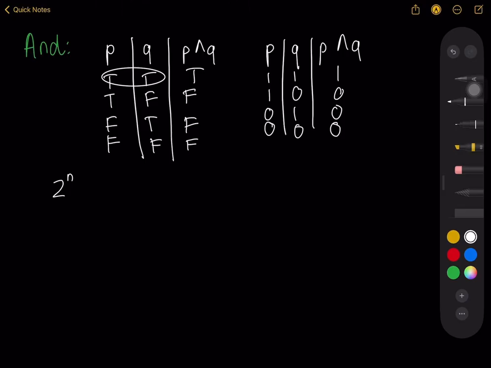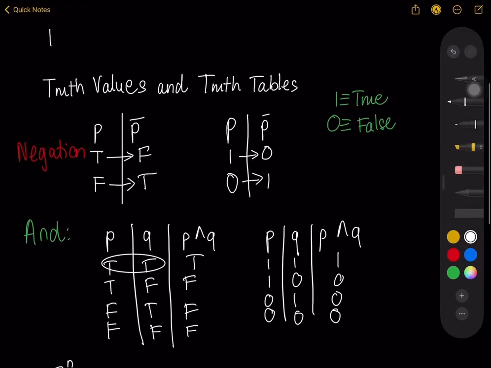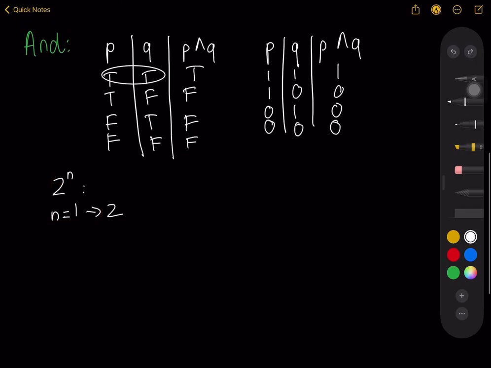If n is 1, which is just 1 variable, then 2 to the power of 1 is just 2, right? So we're gonna have 2 rows like this. For two variables, we have n equals 2 and 2 to the power of 2. 2 squared is 4, right? So we have 4 rows.